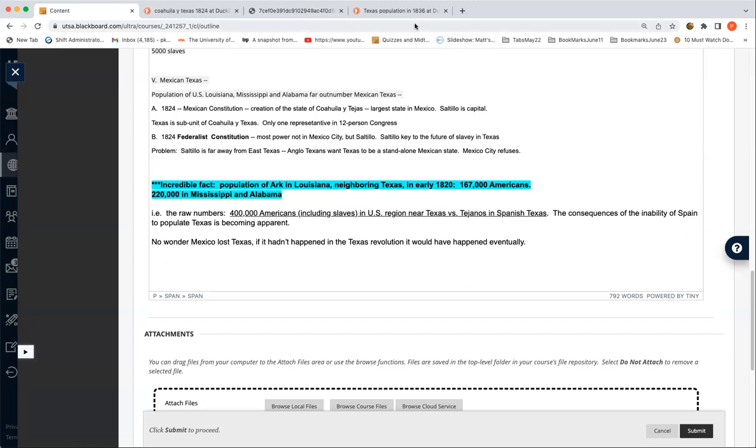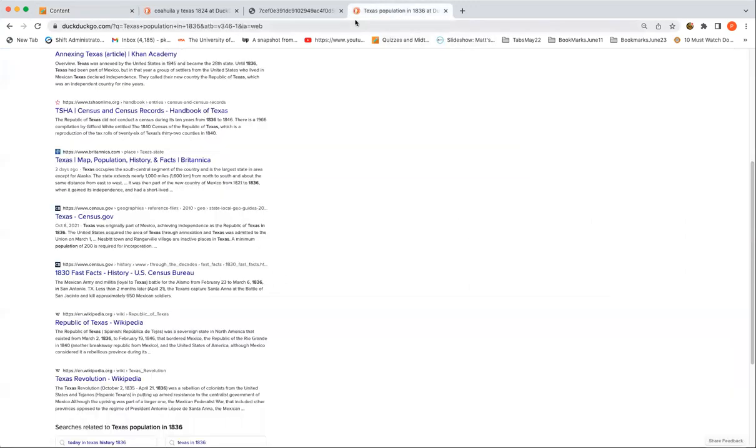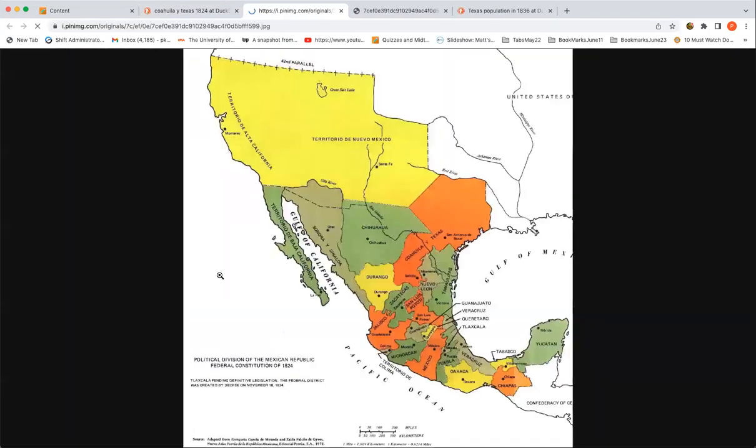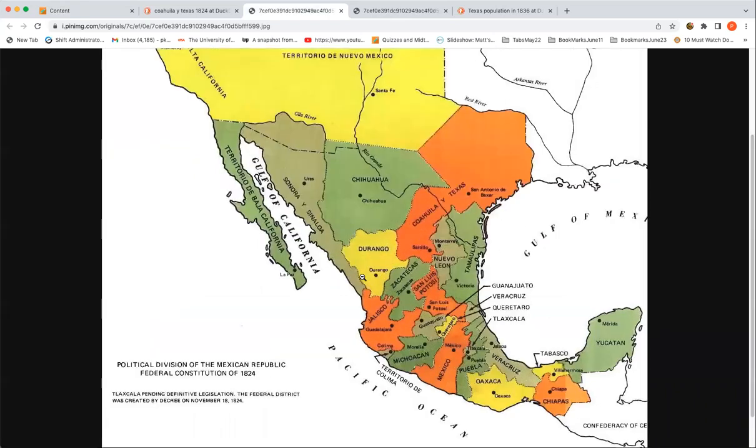Now, the other quick thing that I want to show you is a map, and I put this map on Blackboard, and I can't tell you how important it is to look at these maps if you want to understand this course. It just makes life so much easier. By the way, this is a week where it probably makes more sense to listen to the podcast before you do the readings.